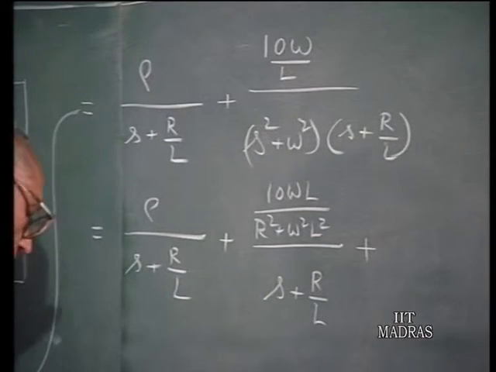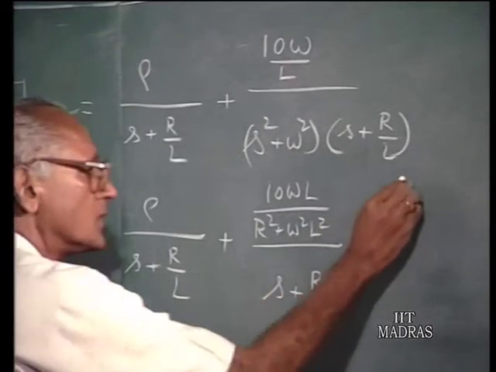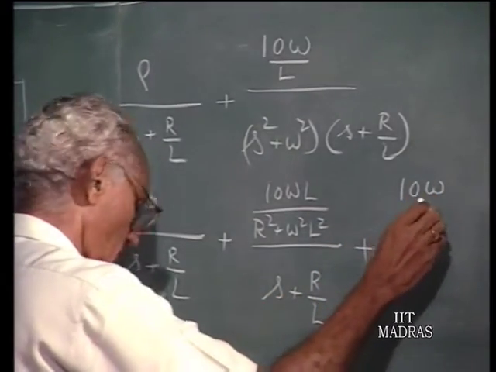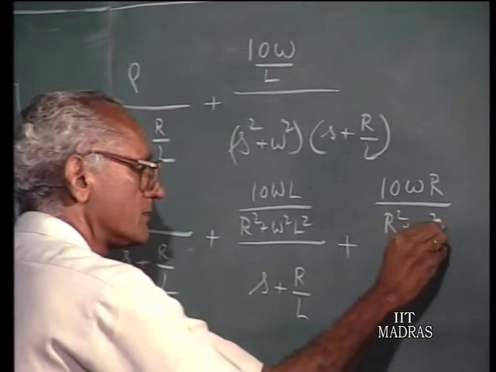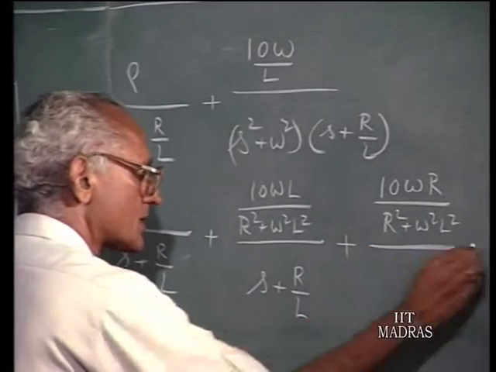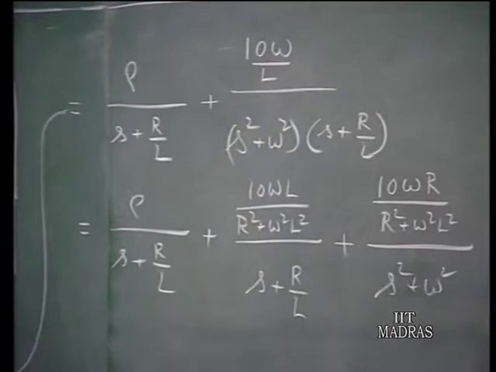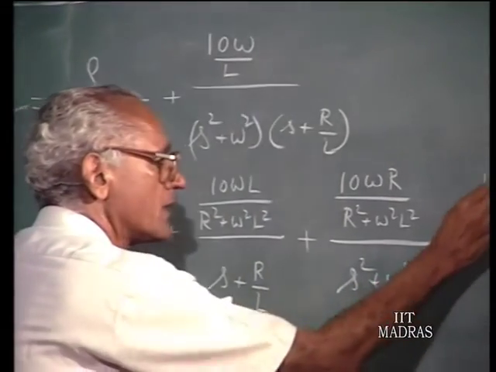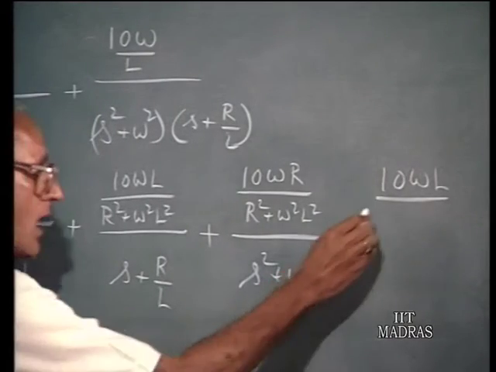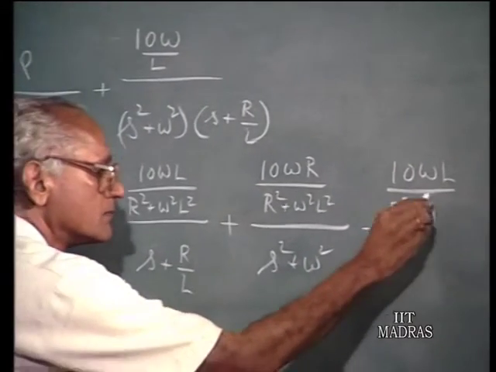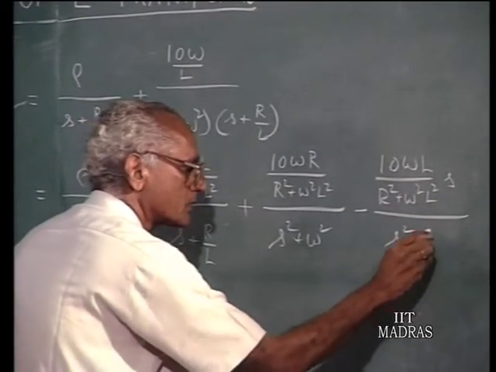And you have, for the S squared plus omega squared term, 10 omega R over R squared plus omega squared L squared divided by S squared plus omega squared, minus 10 omega L divided by R squared plus omega squared L squared times S over S squared plus omega squared.